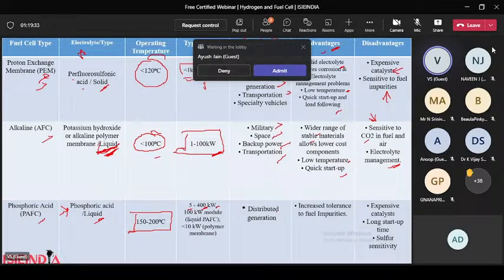The application is in distributed generation, and the advantage is increased tolerance to fuel impurities. The disadvantages are the expensive catalyst and long startup time, and this fuel cell is sulfur sensitive. So I talked about three fuel cells.